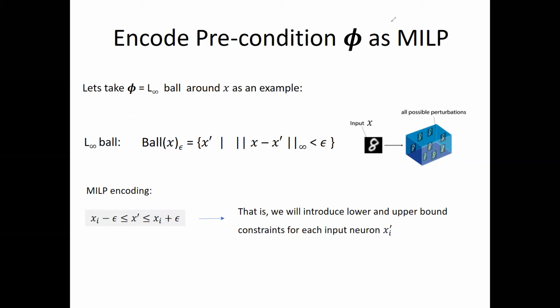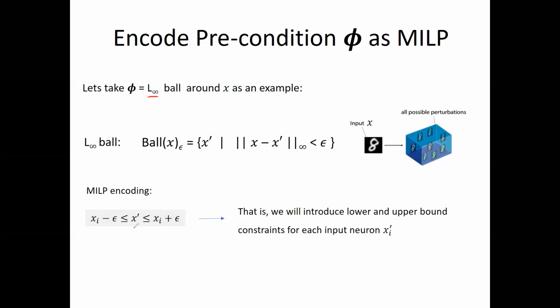So in our case, we're just going to look at the L infinity ball just for the example. But if you have some other more complex precondition, maybe the region is not just a hyperrectangle, but some other convex shape, you can encode it in a similar way, just like we encoded the affine shapes.